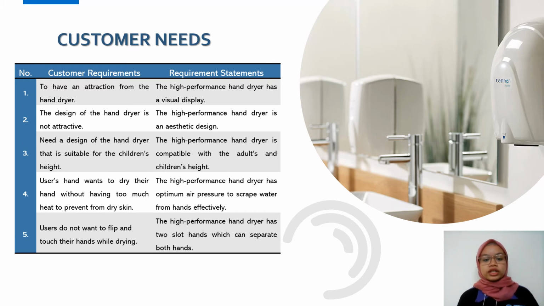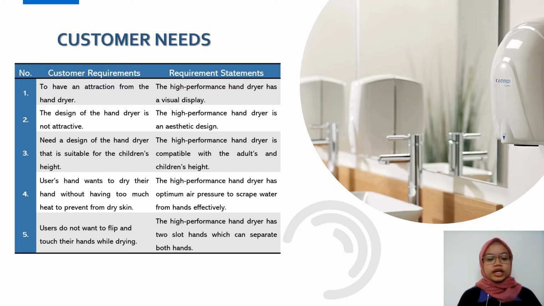So the solution for the high performance hand dryer, they want to add a visual display by having an aesthetic design with a compatible size for adults' and children's height.